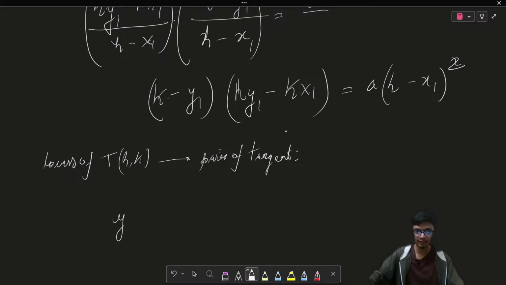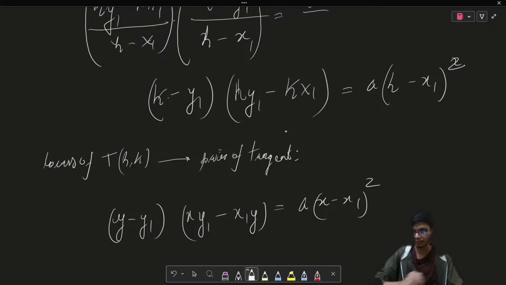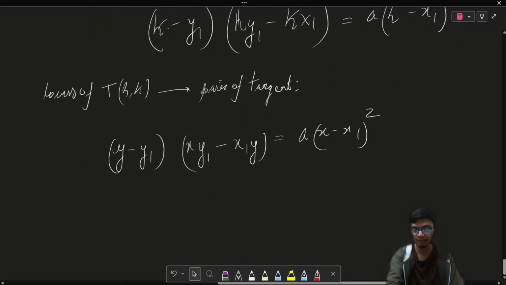So this is the equation of pair of tangent, which I can simplify, and it will become y minus y1 into xy1 minus x1y is equal to a times of x minus x1 whole square, right? Which can be simplified further.